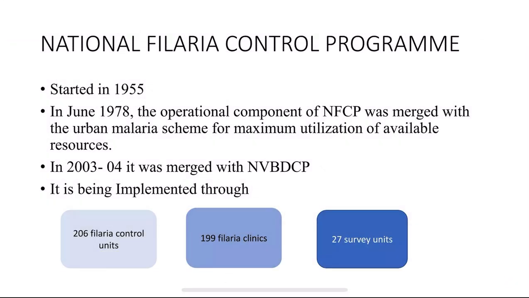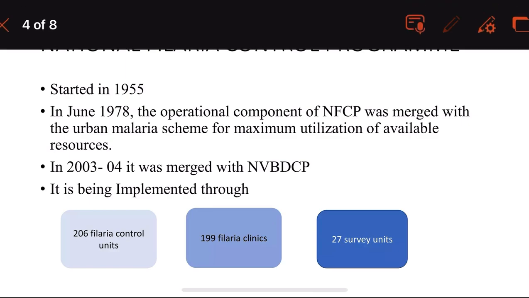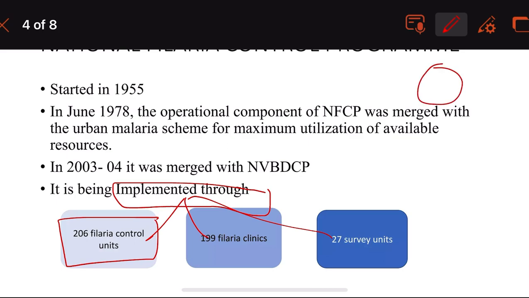How many units of filaria control was the program implemented through? 206 units. The program was implemented with the help of 206 filaria control units.